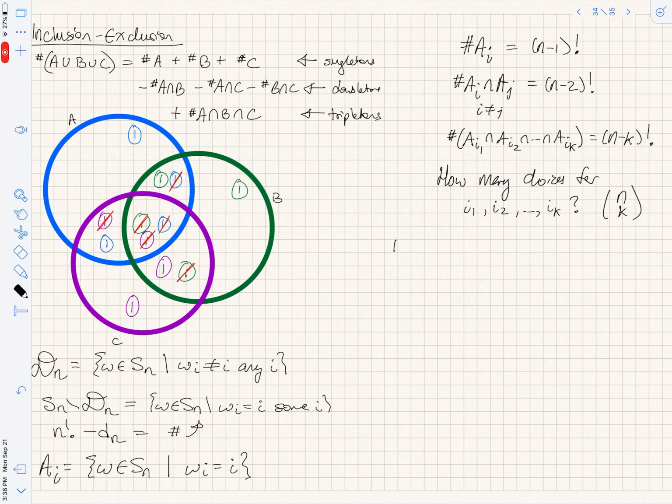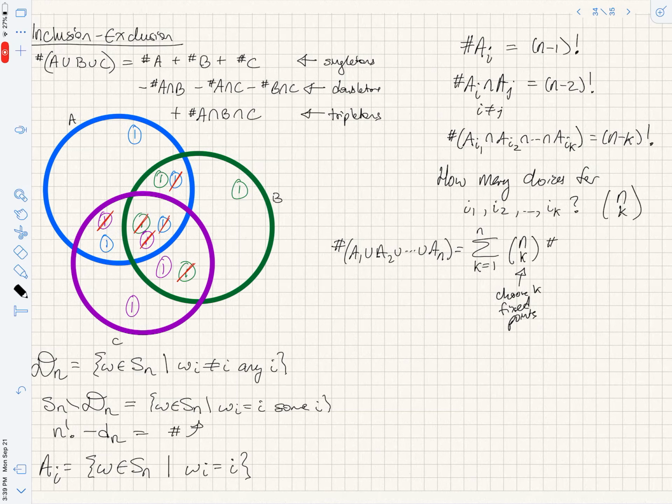So then what's our formula? Our formula for the number of permutations in Sn such that, well, let me write it this way. Our formula for the size of A1 union A2 union all the way up to An is going to be the sum from k equals 1, you have at least one thing, to n, you have at most everything, and we're going to choose which subsets you're going to pick. So choose k fixed points.